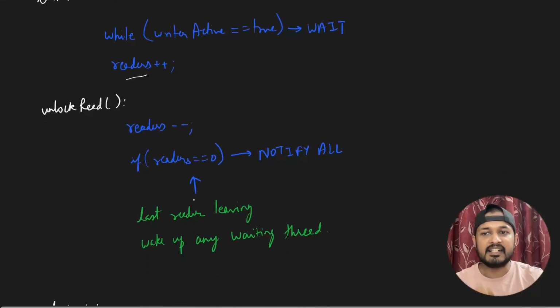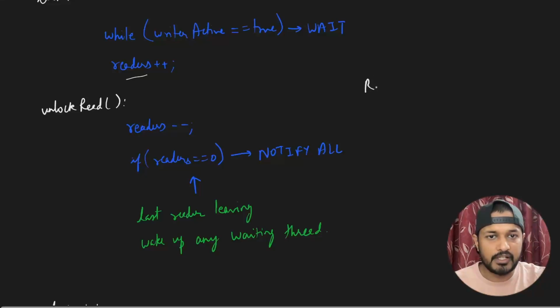Now while releasing the read lock, what will the reader do? The reader will decrement the count because the reader has already read the variable, right? Post that, if readers equals 0, then we will notify all. Why this? Because if it is the last reader leaving, then we have to wake up all the waiting threads.